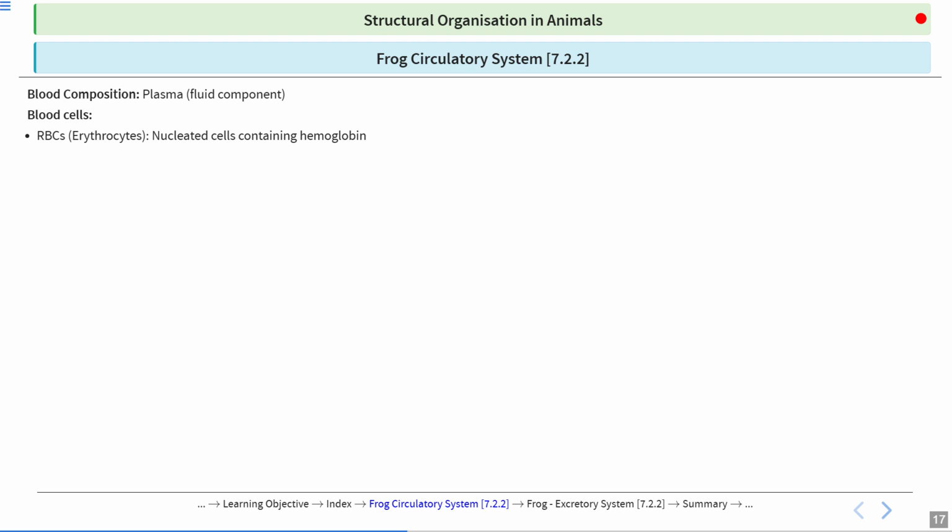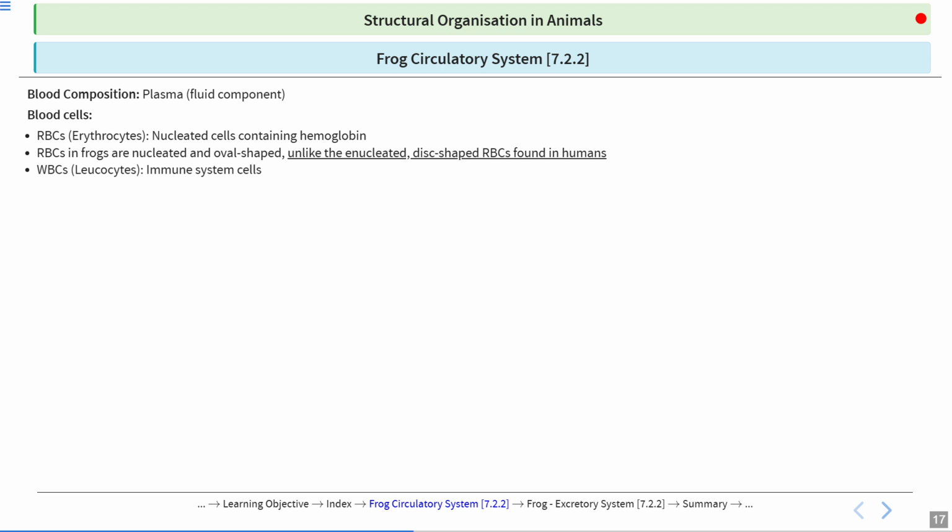Human RBCs are enucleated, meaning no nucleus is present in the human RBC, but here they have a nucleus in the RBC. A very important feature: RBCs in frogs are nucleated and oval in shape, unlike the enucleated disc-shaped RBCs found in humans. This is the difference from the human regarding RBC structure.